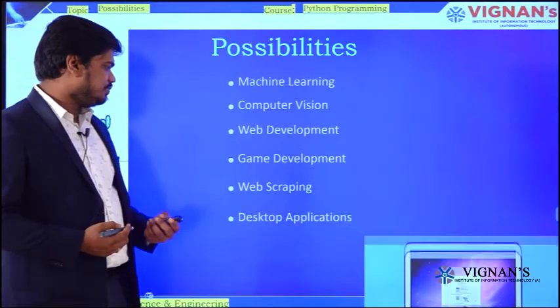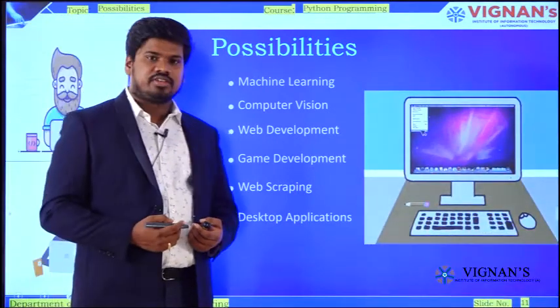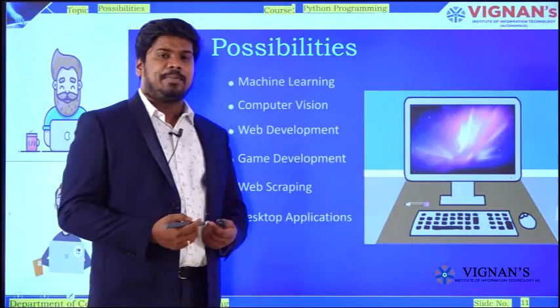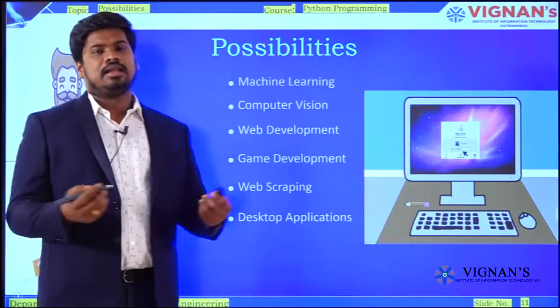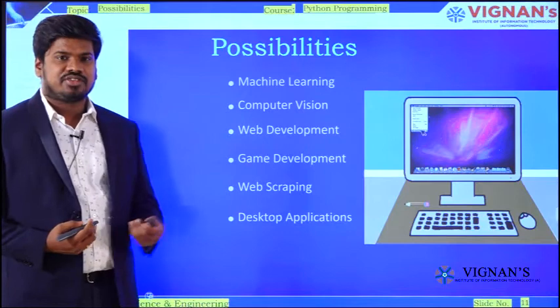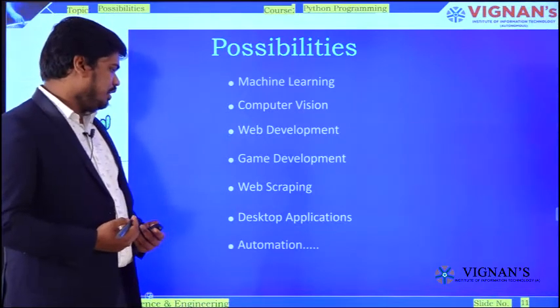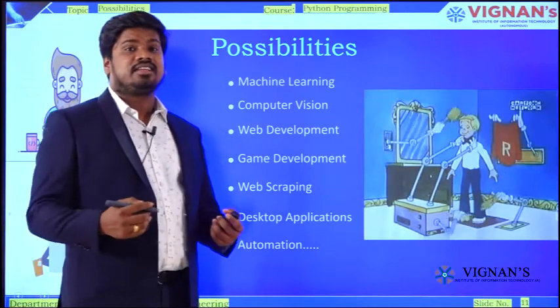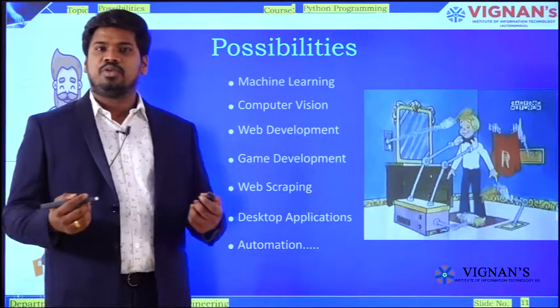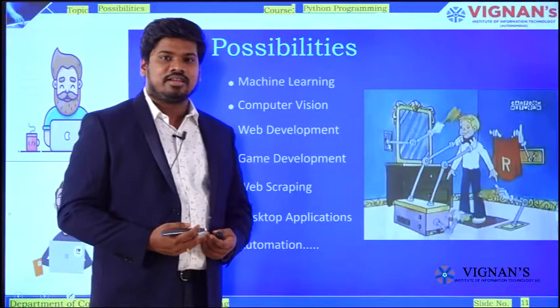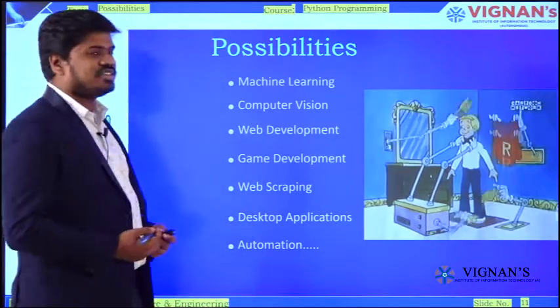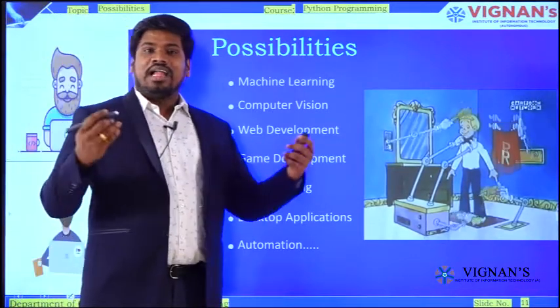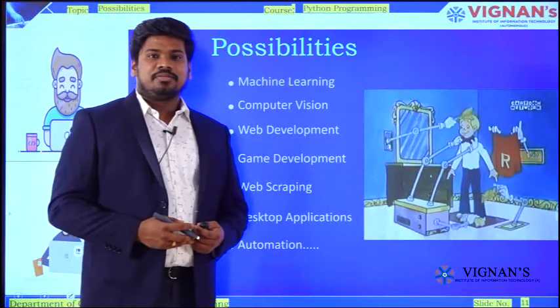And next one is desktop applications, which I can happily develop. And last one is the automation industry. For example, if you want to automate the Internet of Things, which is a big boon, there you can make your career. So these are the various possibilities and advantages of learning Python programming.